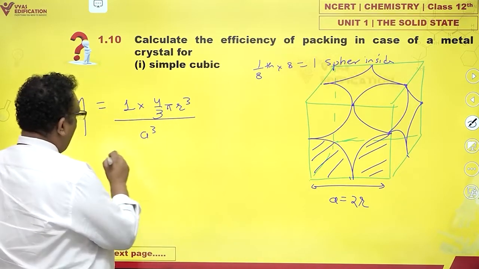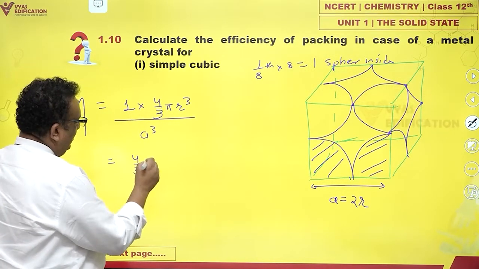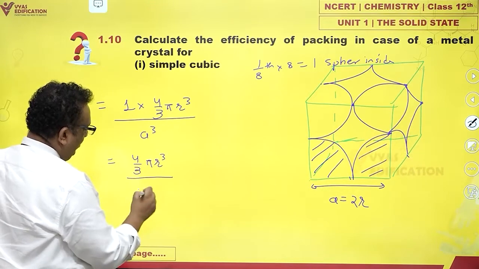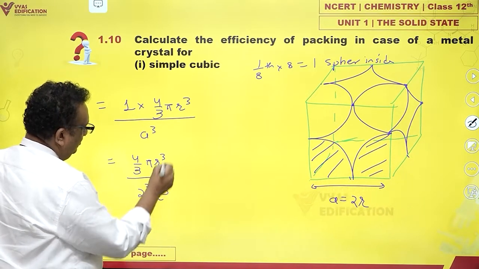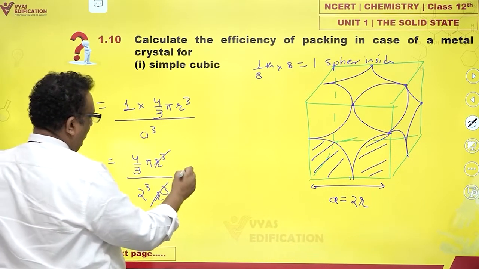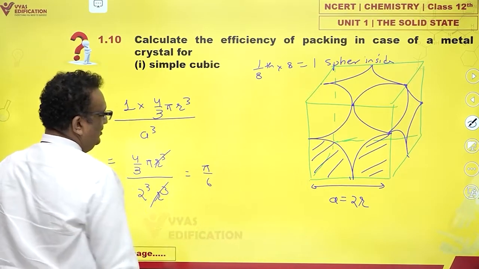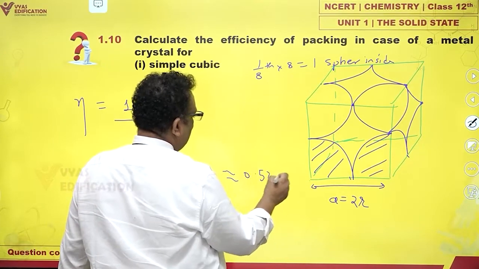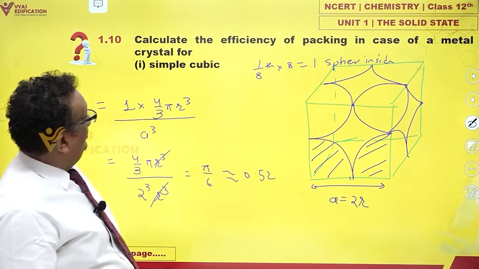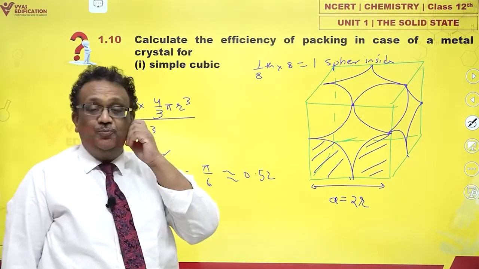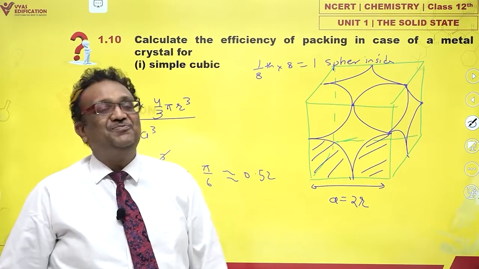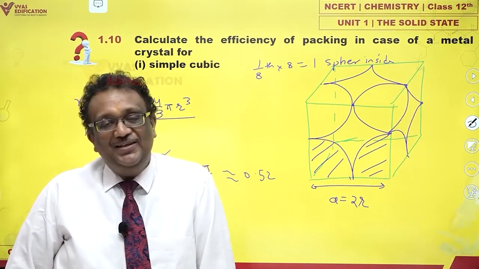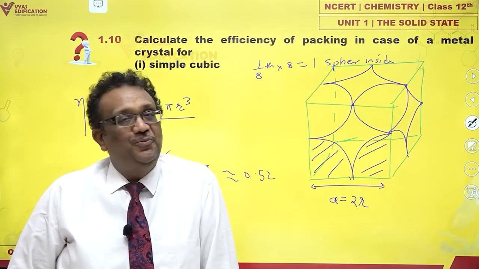So this is 4 by 3 pi r cube divided by 2 cube r cube. This is pi by 6, which is 0.52, something. So only 52% is the packing efficiency in the case of a simple cubic structure.